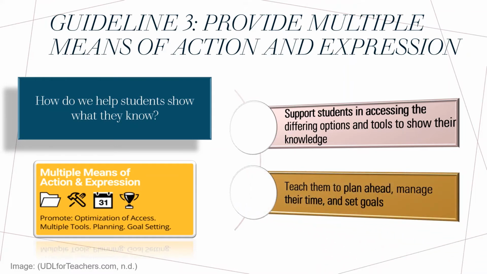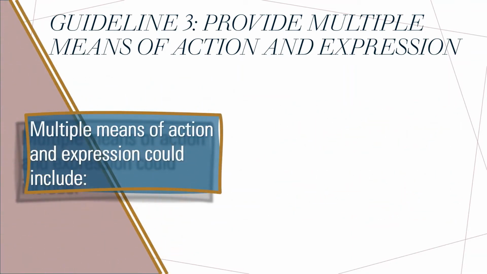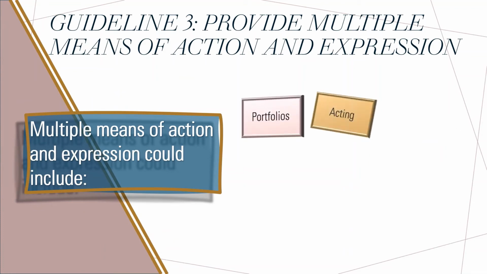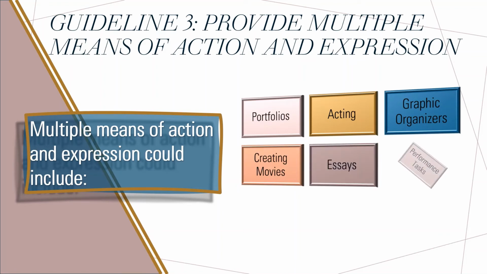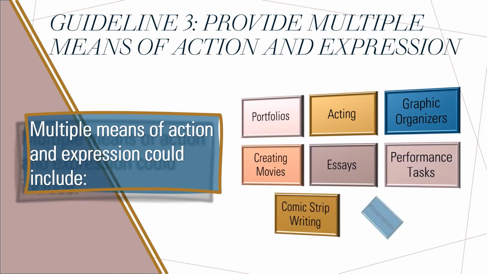We can teach them to plan ahead, manage their time, and set goals. Part of UDL is helping the students take responsibility for their own learning. Multiple means of action and expression could include portfolios, acting, graphic organizers, creating movies, essays, performance tasks, comic strip writing, and presentations.